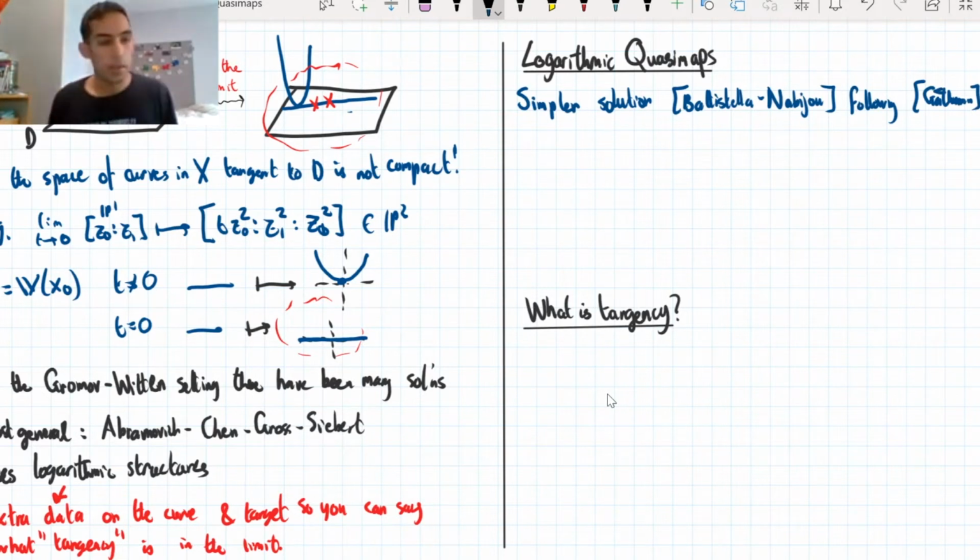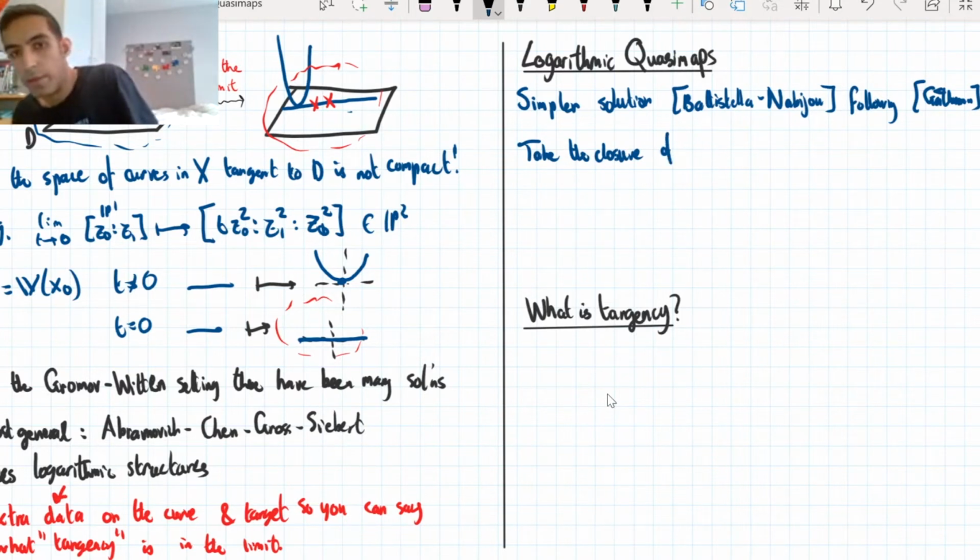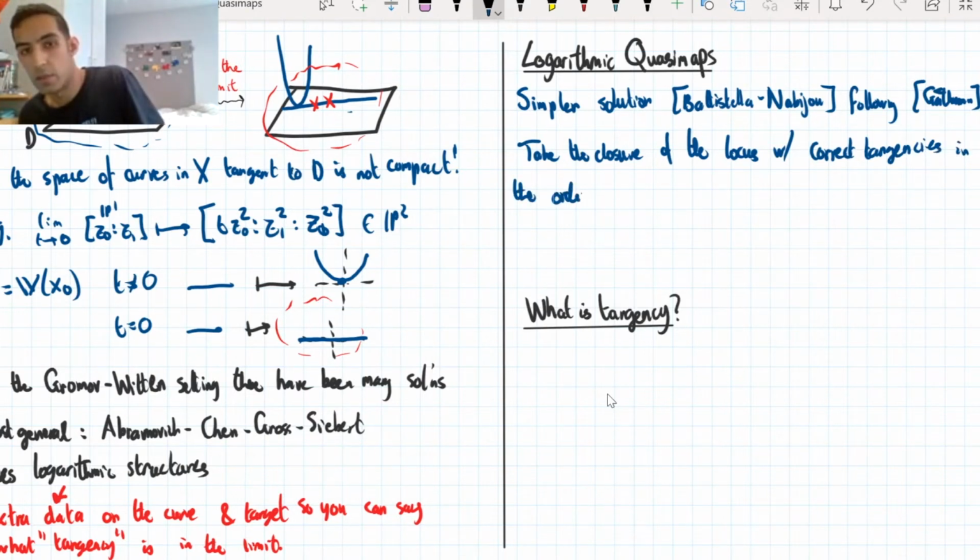where you say, okay, I have my space of curves which is non-compact, and they live inside a compact space, which is just the ordinary Quasimap space, and I just take the closure of the locus with correct tangencies in the ordinary space.